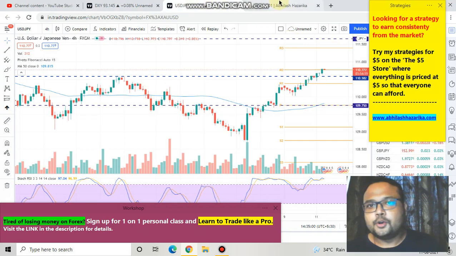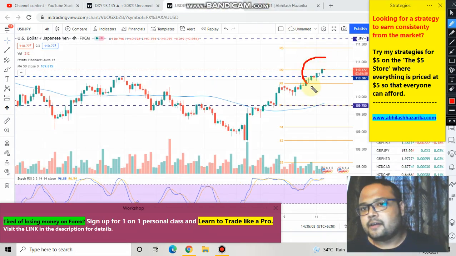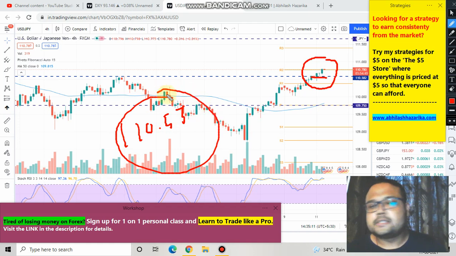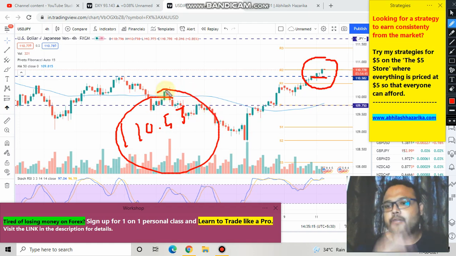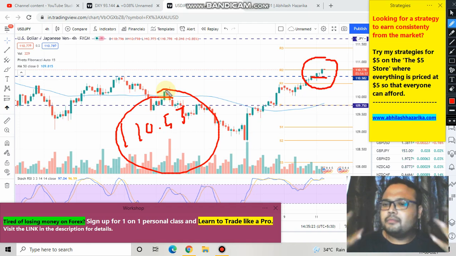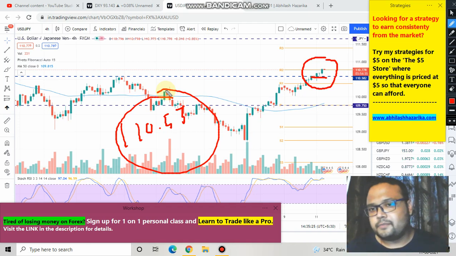Therefore, though we can see that it is trading comfortably above this resistance, and right now we can consider that 110.55 is a support, still we will not initiate any buy position, because USD chart is not in a good position, because we need to understand what risk is, and therefore you should not take a risky position here.